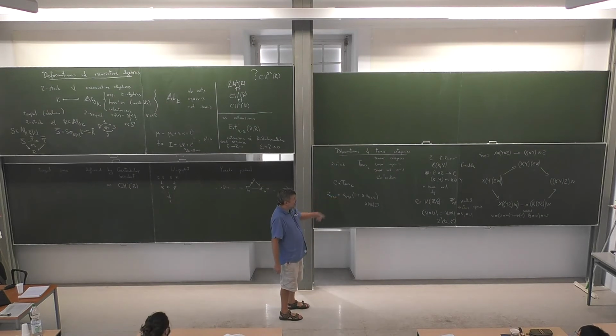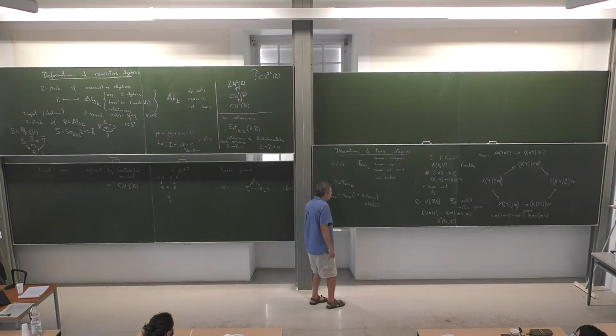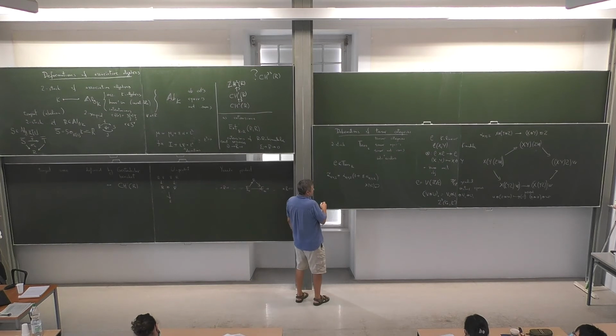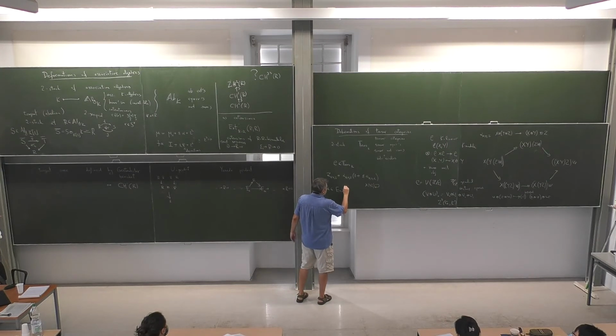And then the pentagon equation corresponds to some system of equations on these natural endomorphisms. So let me introduce a notation for these natural endomorphisms. The endomorphisms of the identity functor of C, I'll just call them pivot endomorphisms of C.